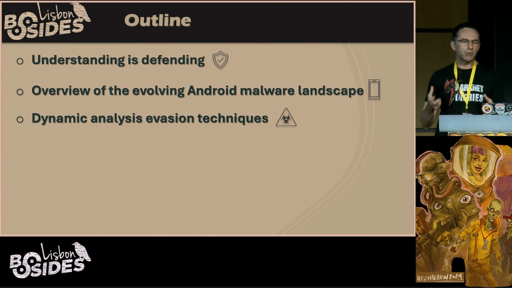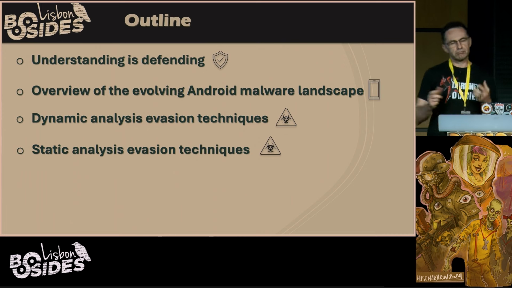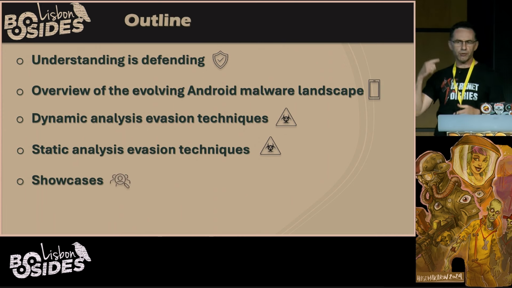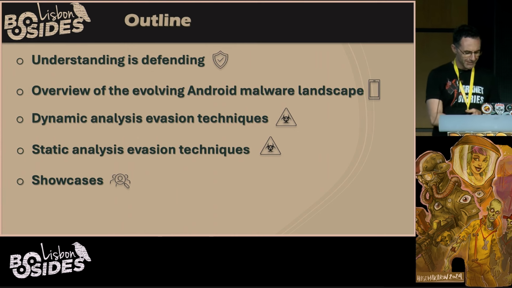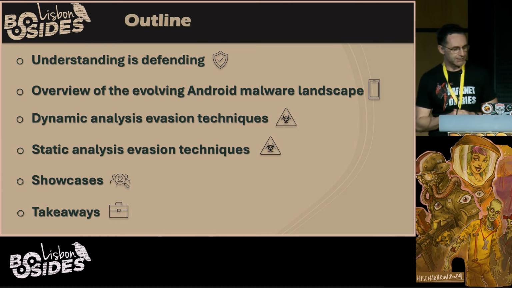We're going to see how malware tries to identify if it's being watched. And we're going to go through the most creative ones, not necessarily the most technical ones, the most creative ones, as you're going to see. After that, we're going to do about the same for static analysis evasion techniques. We're going to go through a specific showcase, which is very interesting, at least for us. And we're going to wrap up with conclusions and takeaways.